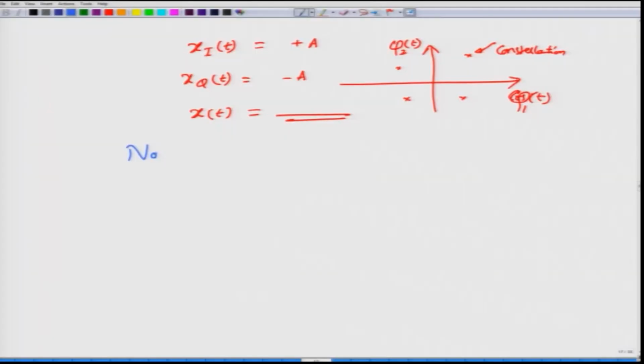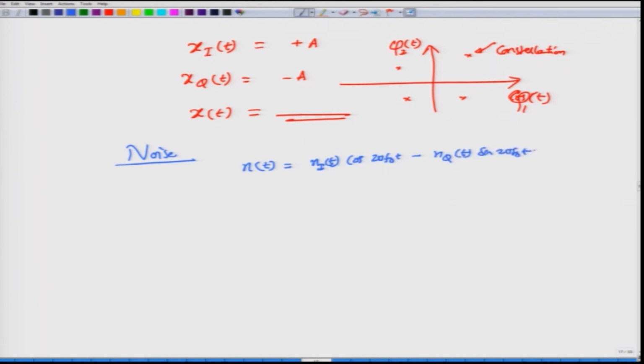Now, we talked a lot about signal, but many similar ideas also apply to noise, meaning that noise can also be expressed in the canonical bandpass way, that you have ni of t cos 2 pi f 0 t minus nq of t sin 2 pi f 0 t.